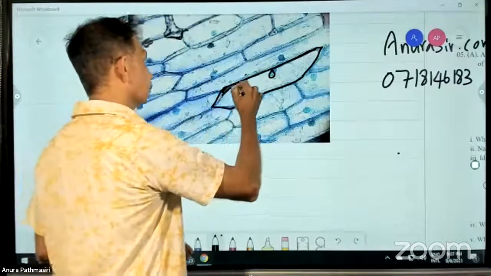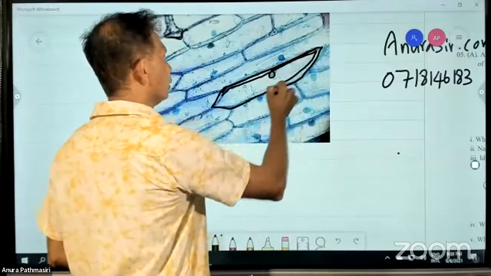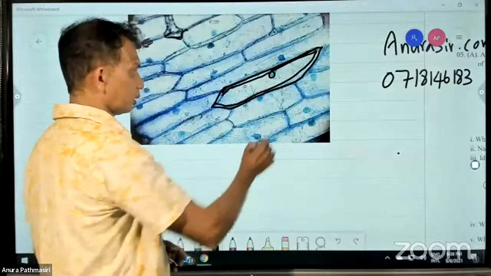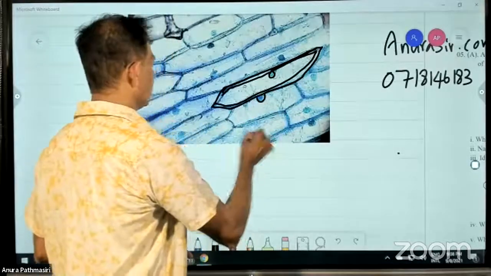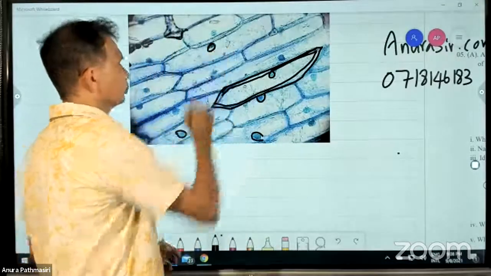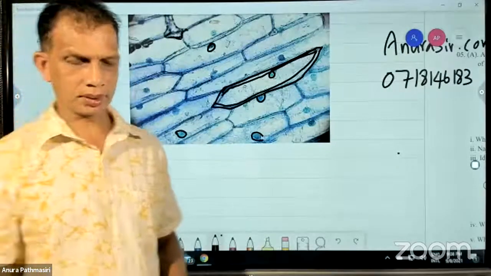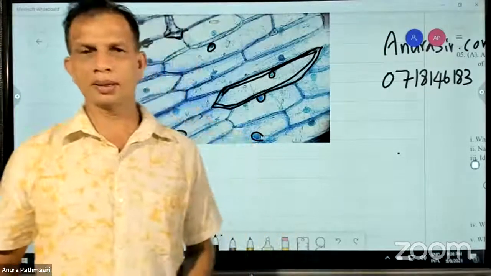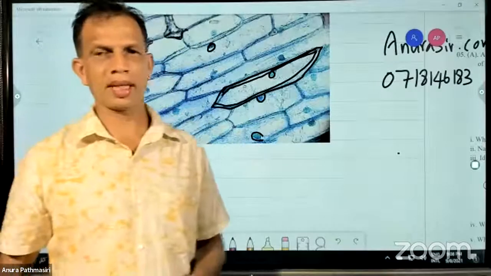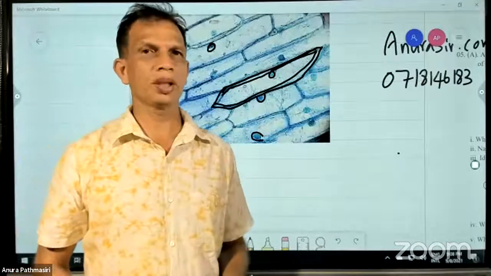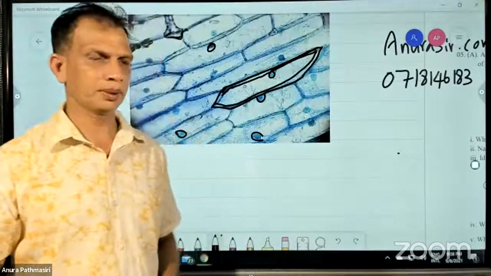There is the plasma membrane inner to the cell wall, and it has a large vacuole. These are the nucleus, and the blue color is taken from methylene blue. It's a stain. If you don't have a stain, you can't see it because it's transparent.